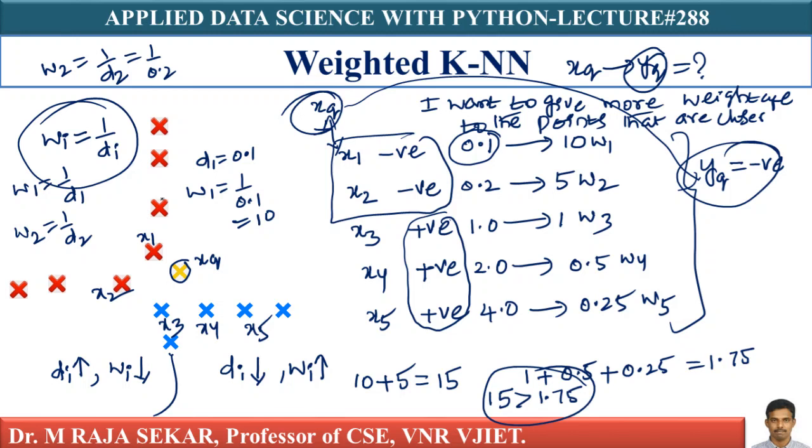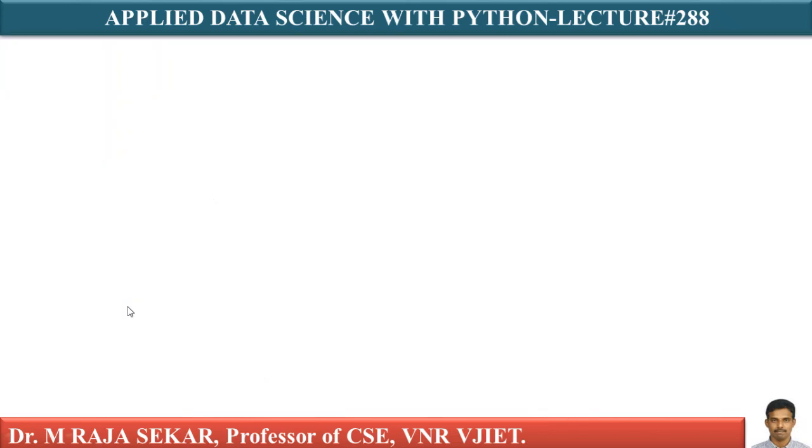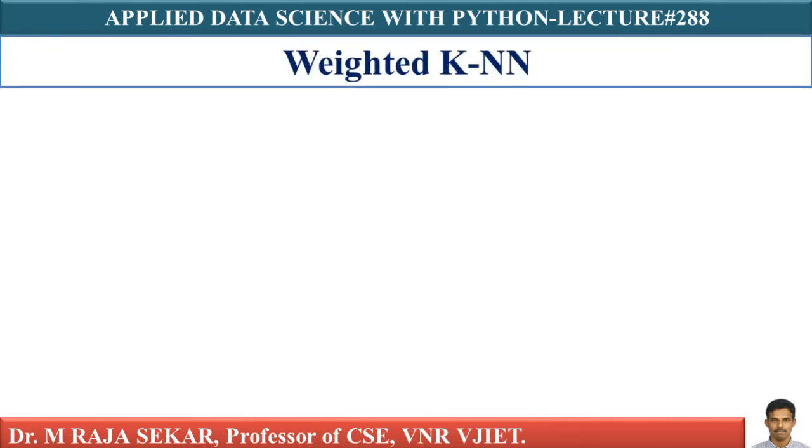When we apply this, the class label has changed from positive to negative, because I am giving more weight to the points which are very close to my query point XQ. This is a simple and straightforward technique.